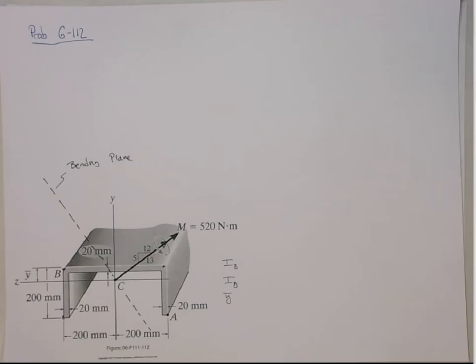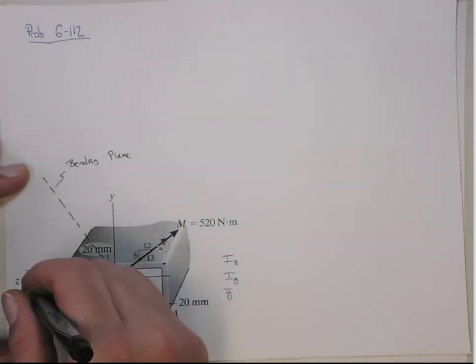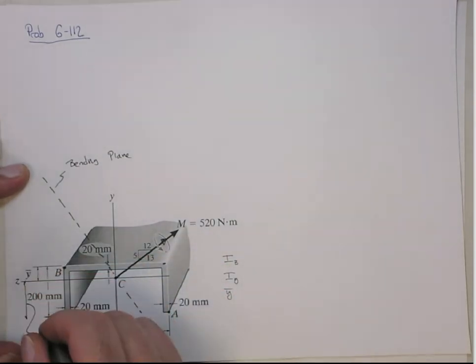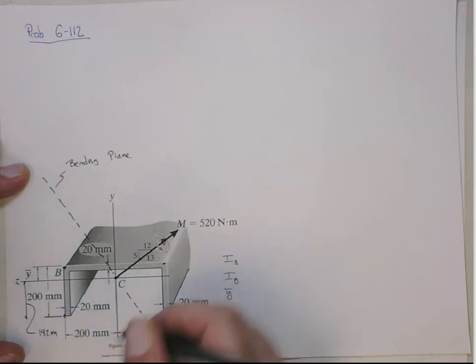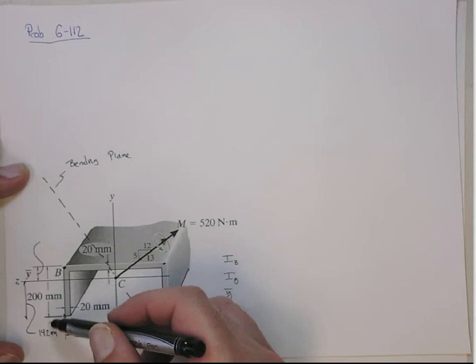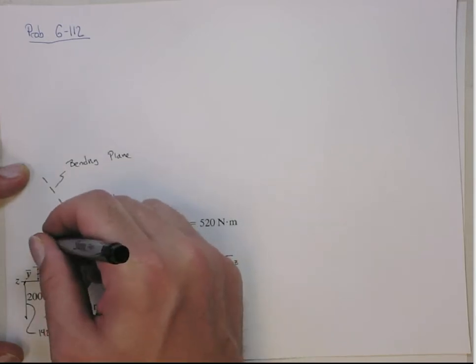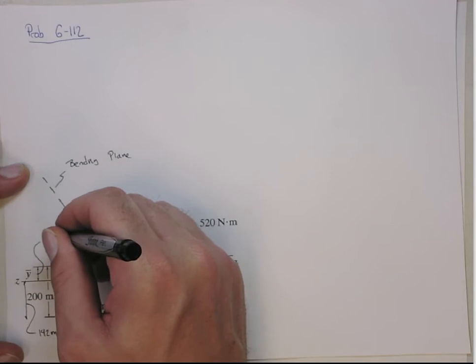So from that, this distance here we calculated to be 142 millimeters. So that means this distance has to be the 200 minus 142, which is 38 millimeters.